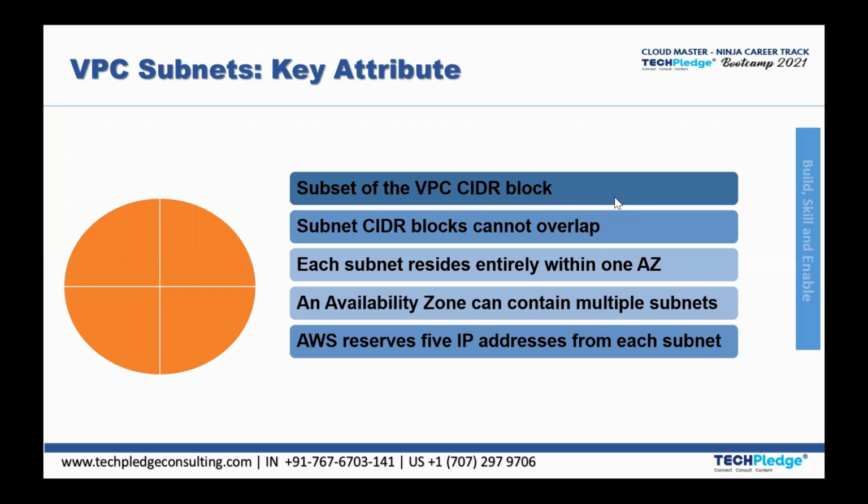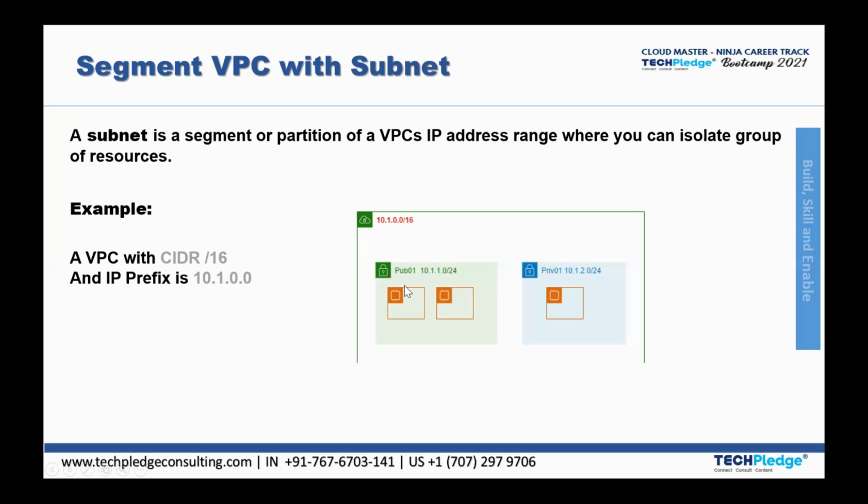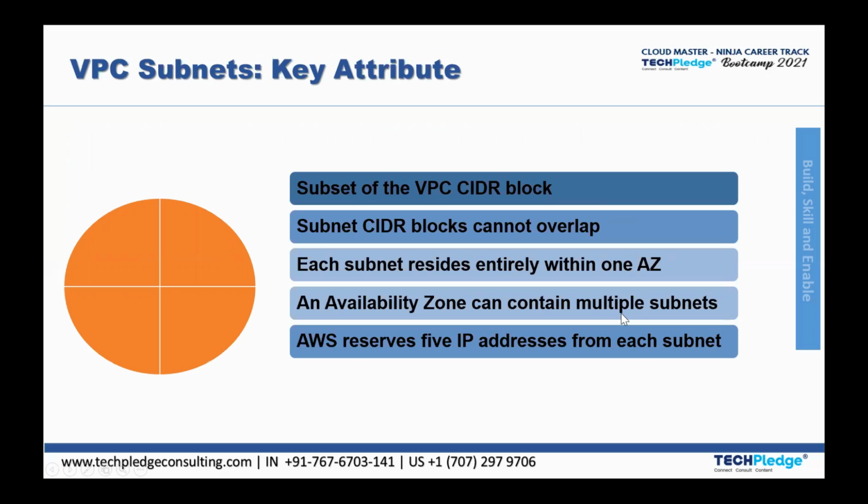Now, just one quick note I want to give you. AWS reserves 5 IP addresses from each subnet. This is a VPC, and inside that VPC, AWS will be reserving 5 IP addresses from each subnet.